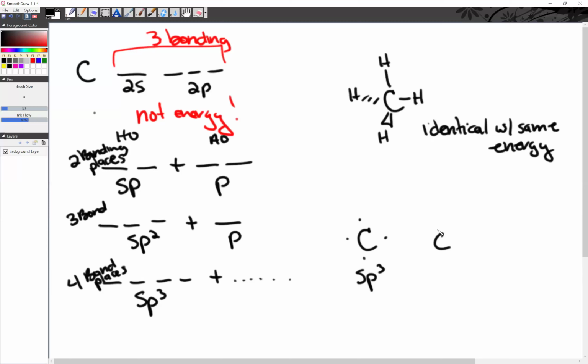When we made a double bond to carbon, it only had 3 locations, so that was sp2. And when we did 2 double bonds or a triple bond, that was using sp. And if you'll notice, when I went to sp2 and sp, this thing showed up called a multiple bond. So that's a double or triple.